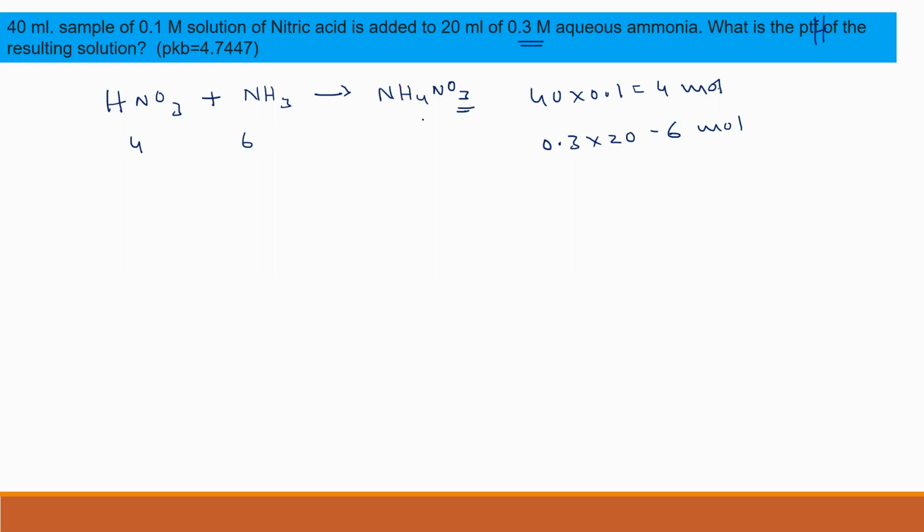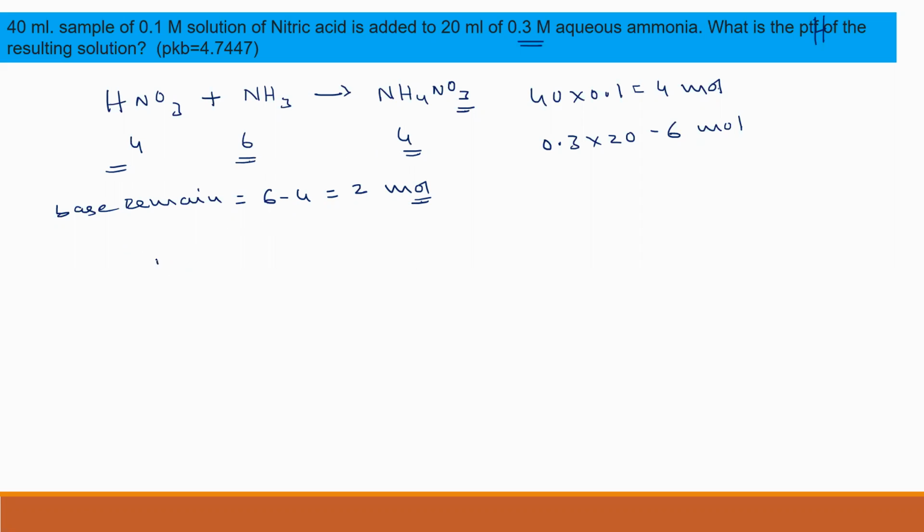How many millimoles of ammonium nitrate will be formed? 4 millimoles will be formed. How many millimoles of base remain? 6 minus 4, since 4 are consumed for neutralization, so 2 millimoles of base remain, and the salt has 4 millimoles.